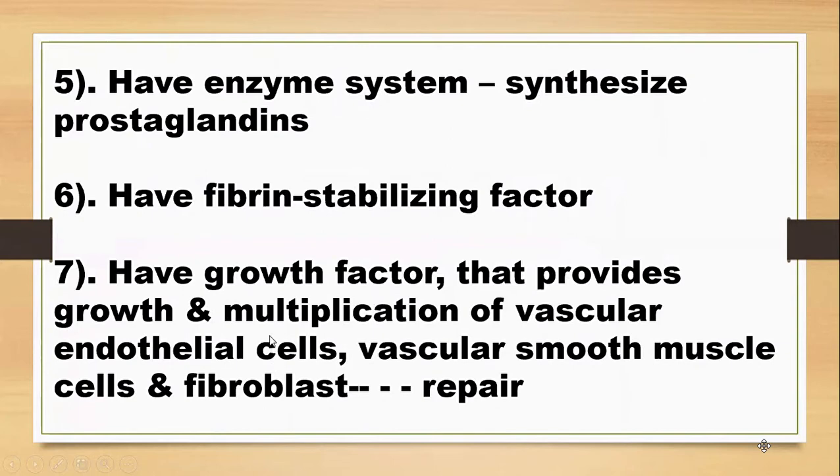They also have an enzyme system that synthesizes prostaglandins. Then they have fibrin stabilizing factor. They have growth factor that provides growth and multiplication of vascular endothelial cells, vascular smooth muscle cells, and fibroblasts, which are responsible for the repair of the damaged blood vessel.